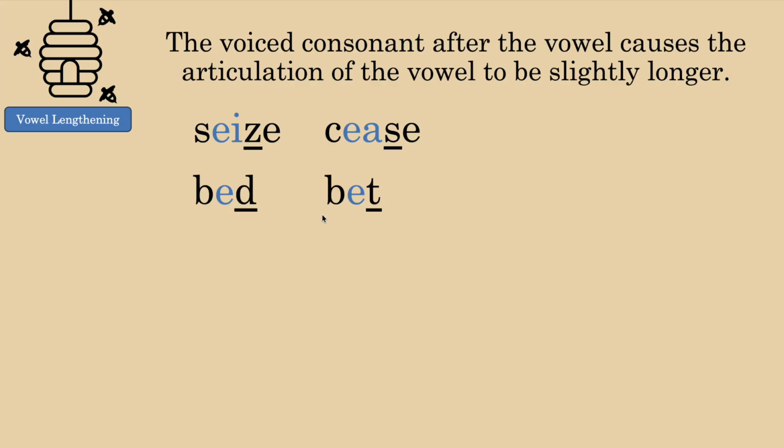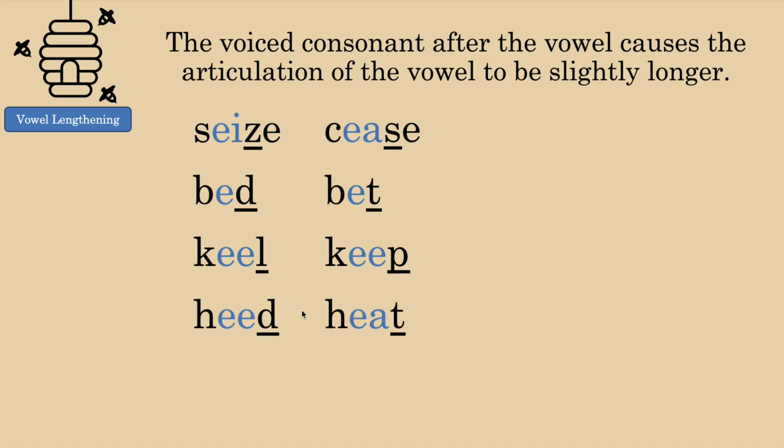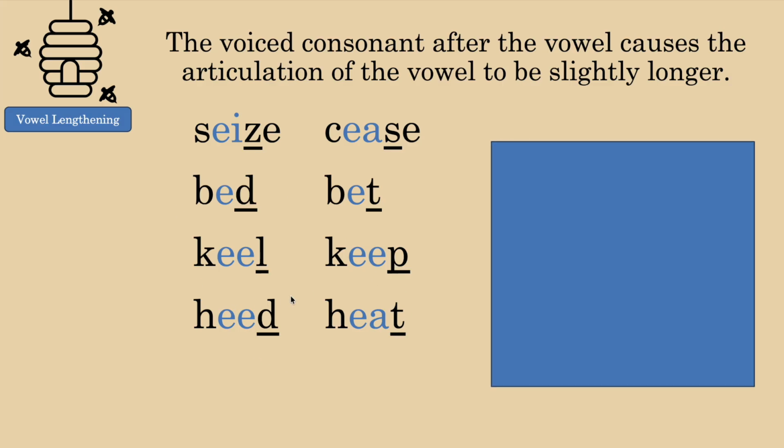Bed, bet, bed, bet. And I am saying them the same speed, but it almost feels like this E is held on to a little bit longer. Keel, keep, keel, keep. Heed, heat. Part of that's because you are turning your voice off, so you feel like you're cutting that vowel short a little bit.